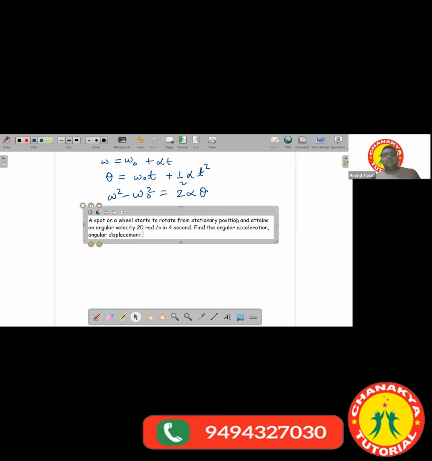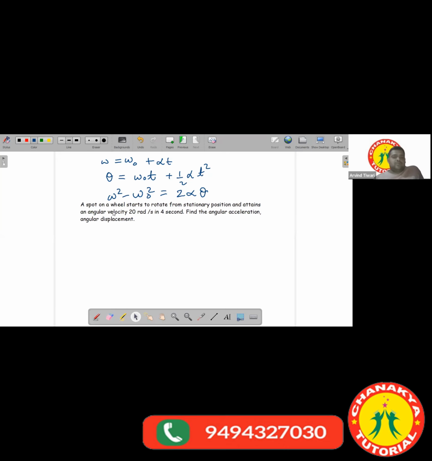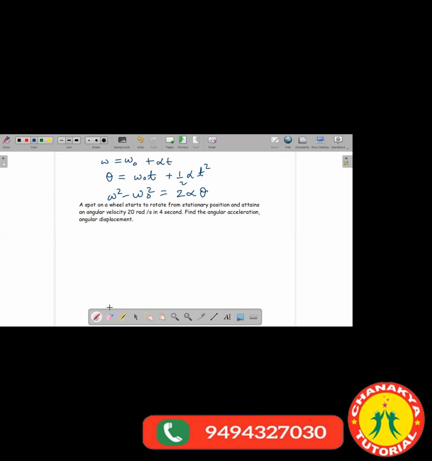Okay. So what all things are given here in this question? Initial angular velocity omega naught is 0 radian per second, and the final is 20 radian per second.